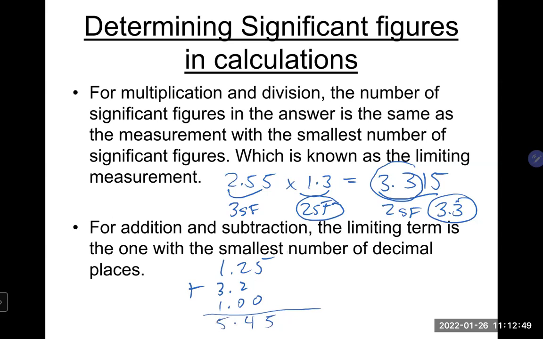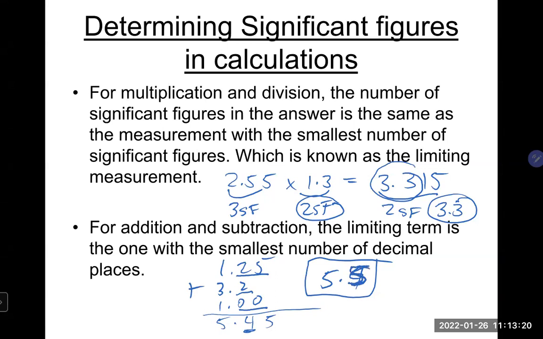We were looking at decimal places. This one has 2. This one has 1. This one has 2 decimal places, which means the smallest number of decimal places is the first decimal place, which means we should take this right there and end up with 5.5.